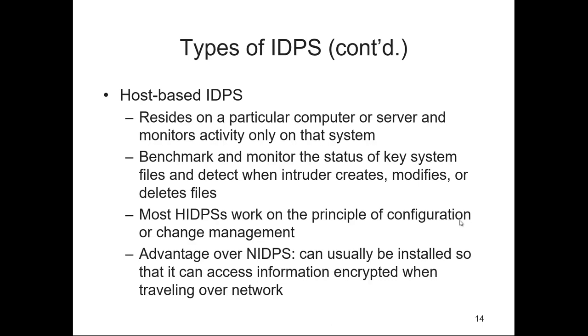The host IDS triggers an alert when one of the following changes occur: file attributes change, new files are created, or existing files are deleted. The host IDS has an advantage over the network IDS in that it can usually be installed in such a way that it can access information that is encrypted when traveling over the network.